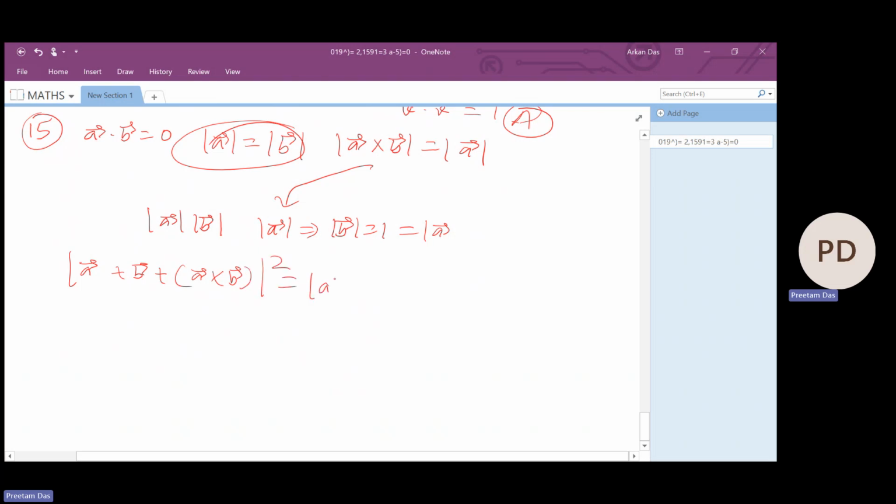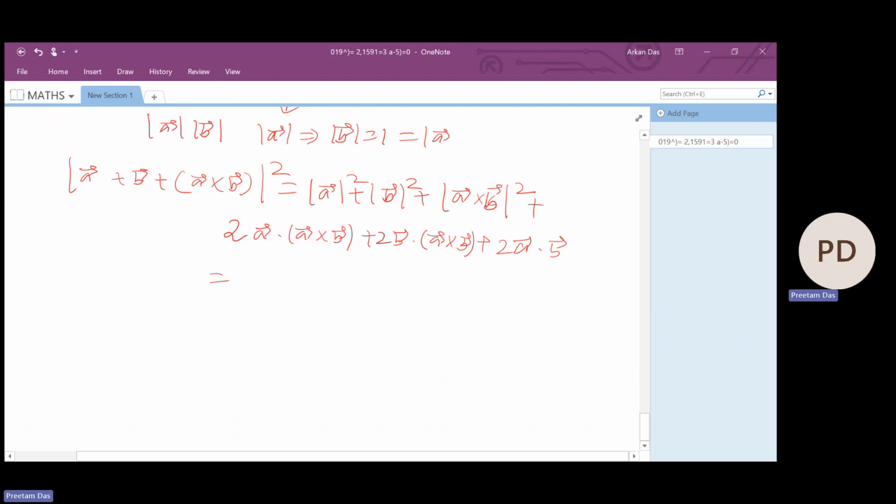So if you square, it is of the form a plus b plus c whole square. A cross b whole square plus 2 a dot a cross b plus 2 b dot a cross b plus 2 a dot b.